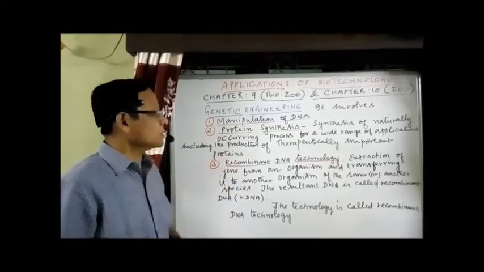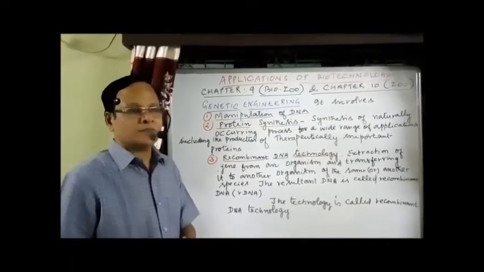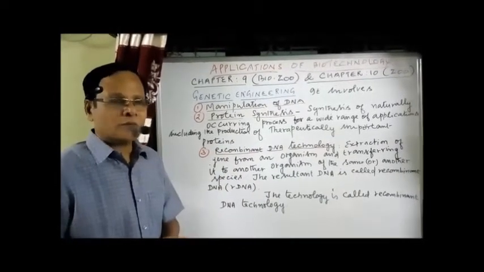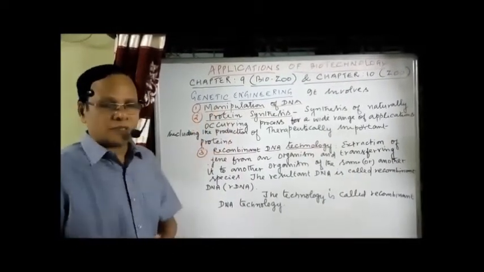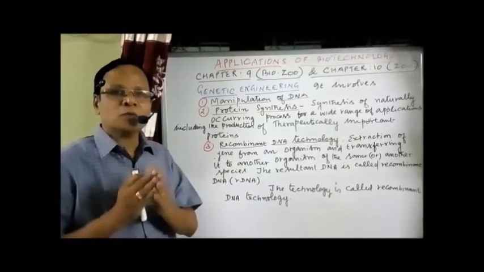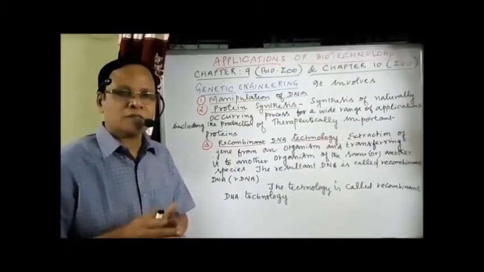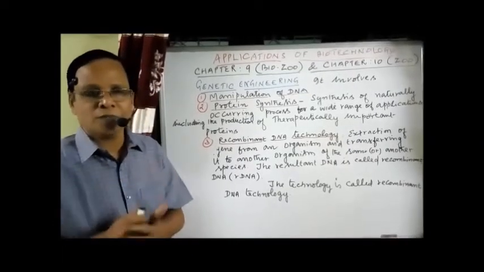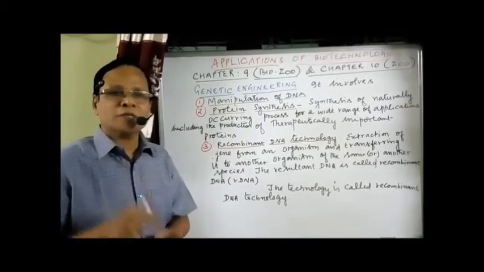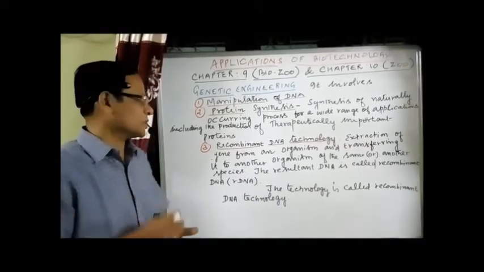Now the third one, recombinant DNA technology. What is recombinant DNA? I mentioned already manipulation of DNA. Here, a gene of interest, a gene of known function, for example the insulin gene, is called a gene of interest or gene of known function.